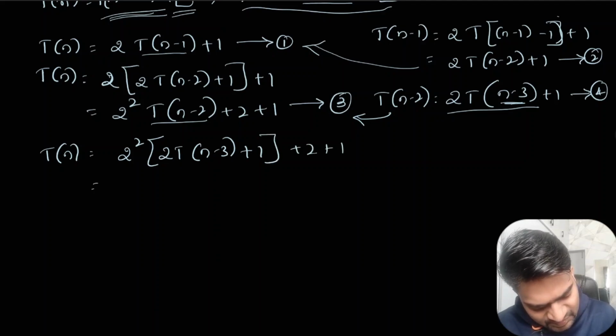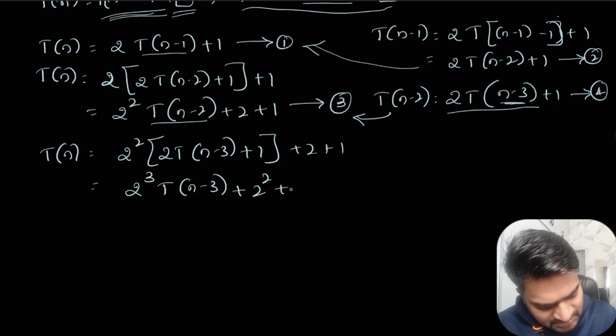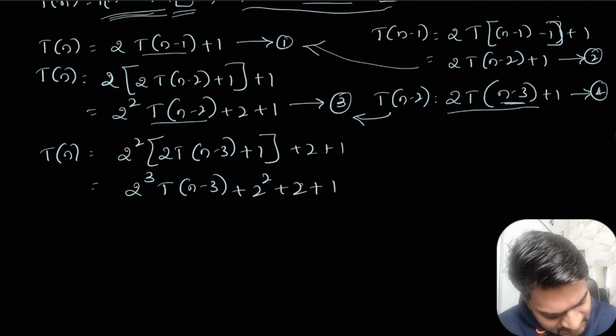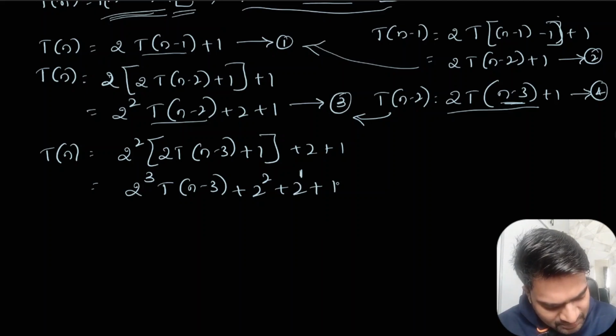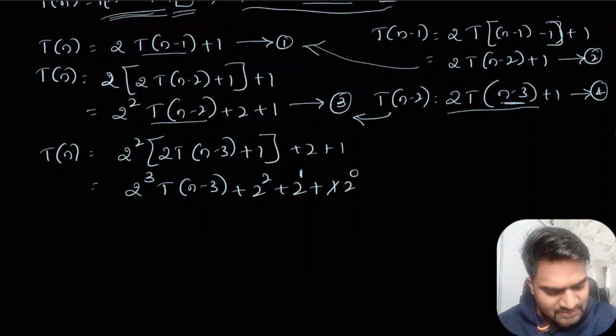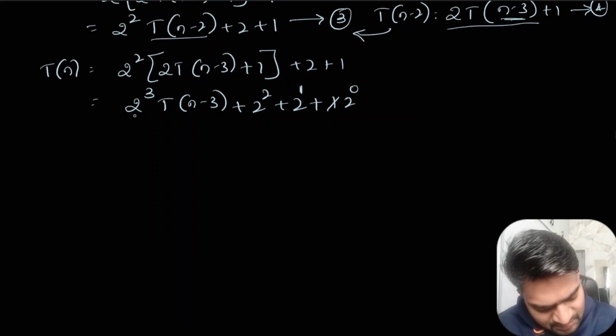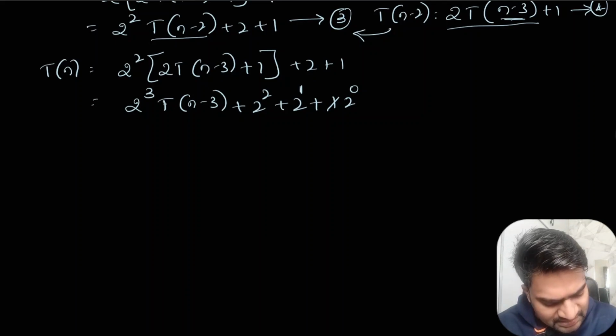Now if we simplify this, it becomes 2 cube T of n minus 3 plus 2 square plus 2 plus 1. This one we can write as 2 to the power 1, and this one as 2 to the power 0. Now if you see how we can generalize this equation, it becomes 2 to the power 3 T of n minus 3 plus 2 to the power 2 plus 2 to the power 1 plus 2 to the power 0.